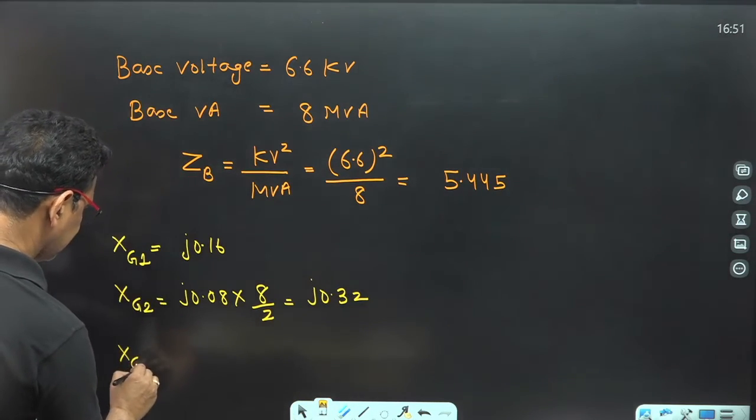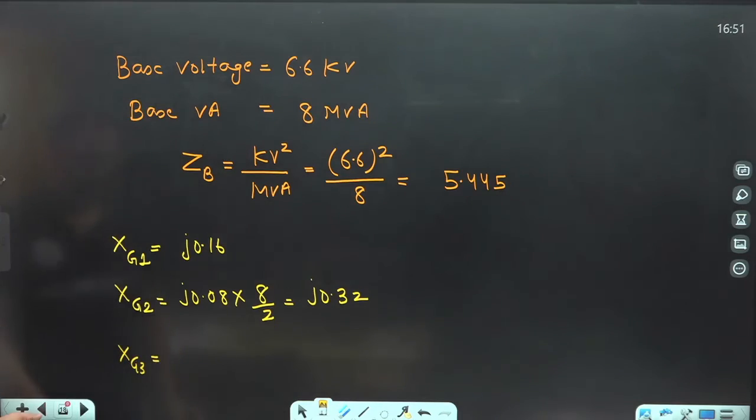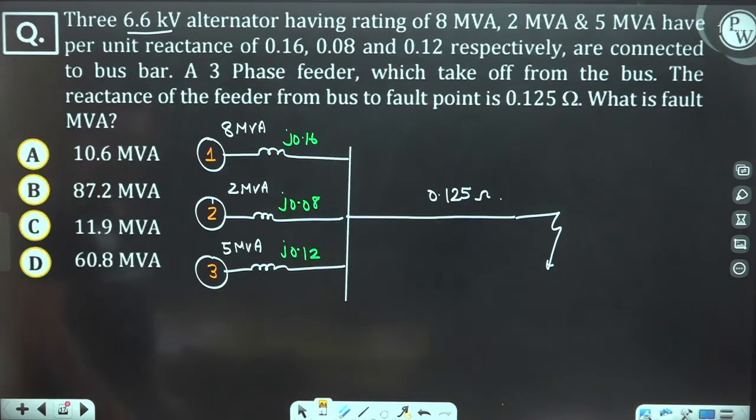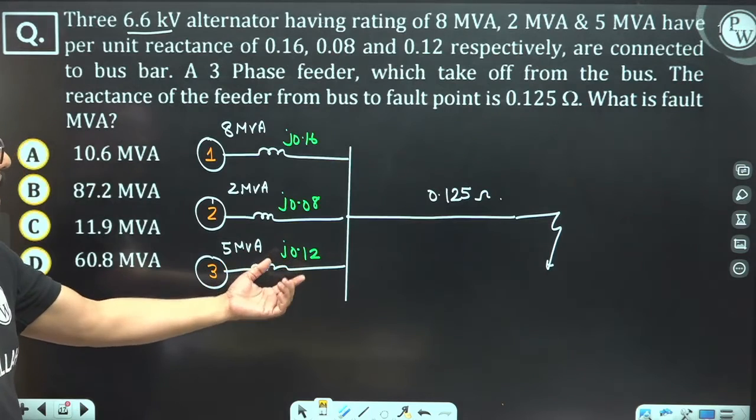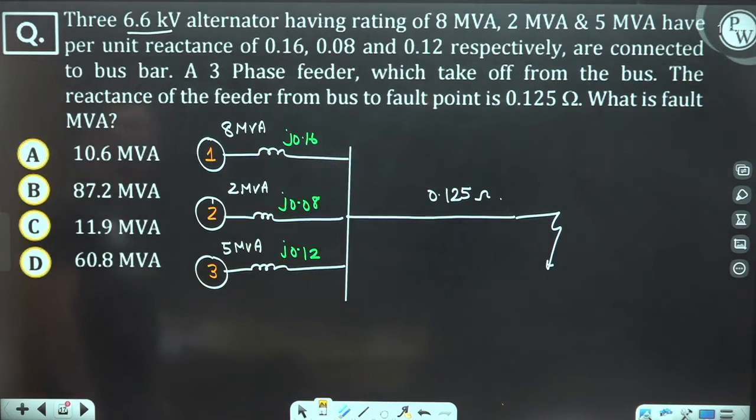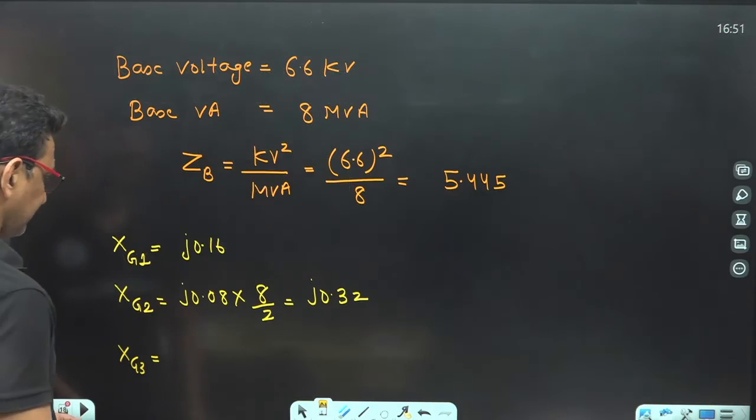Similarly, the reactance of the third alternator is on the 5 MVA, it is 0.12. 0.12 on the 5 MVA.